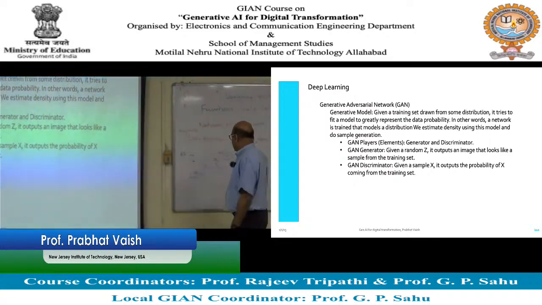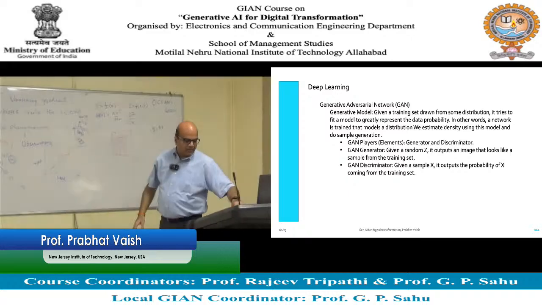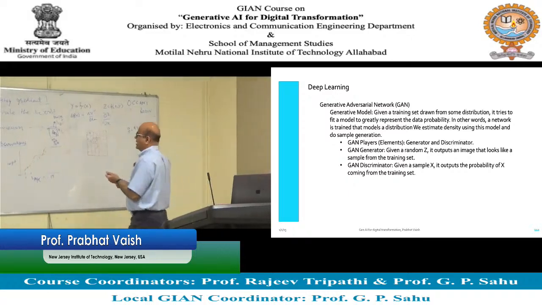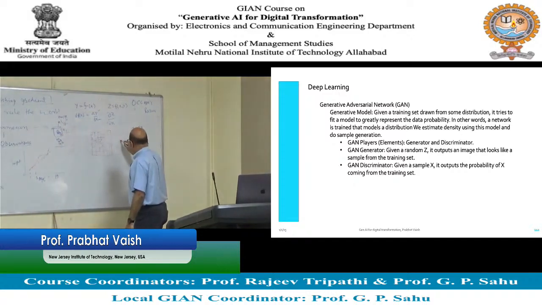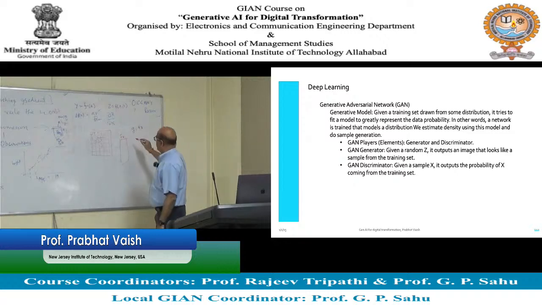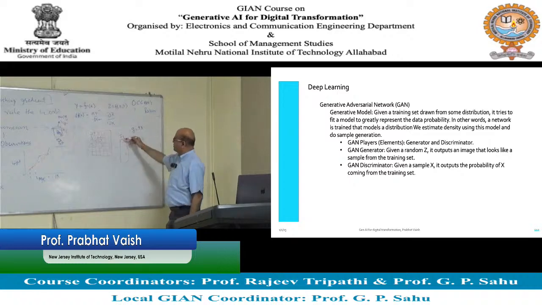What we are saying here is that the input is coming from some known function. It's all about functions. So this is a known function, let's call it f known. The generator is generating an output from this distribution, and then the discriminator is checking how likely it is that this one came out from this function.